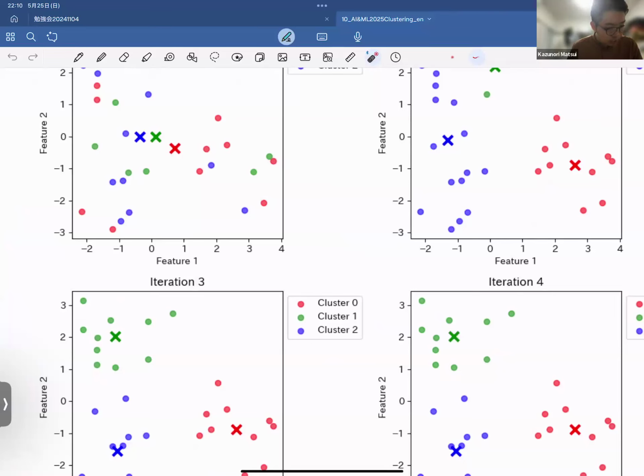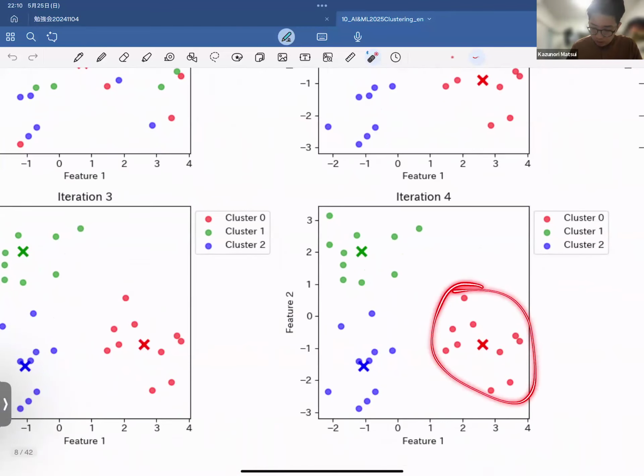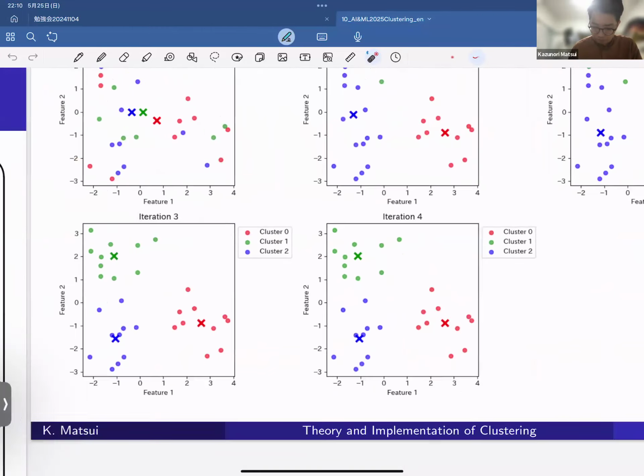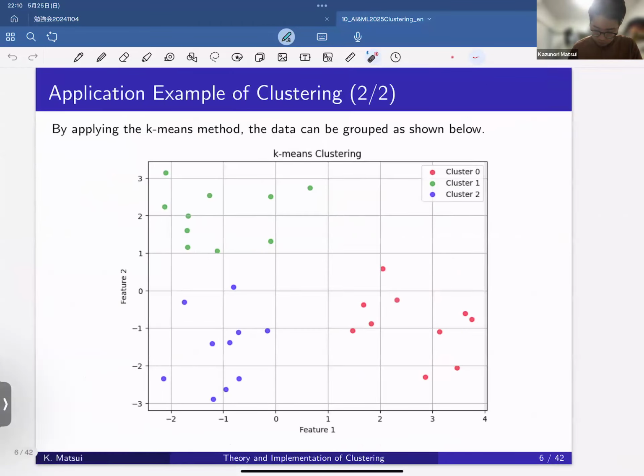By repeating this, we finally get the green and blue classification like we saw earlier. So this one.